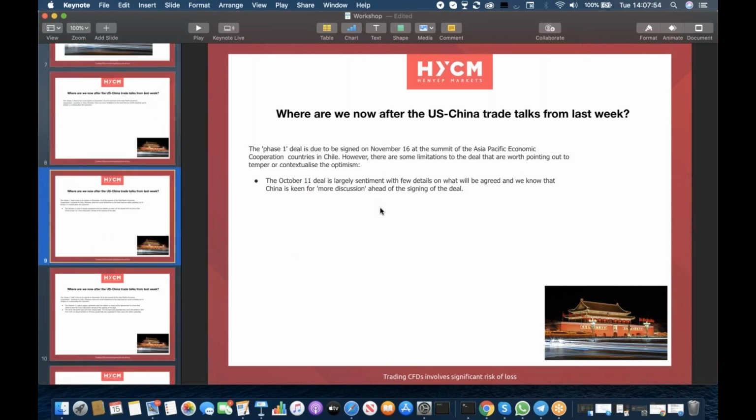And I was looking at shorting pound Australian dollar yesterday, and when this mood came out from China, they were wanting more discussion. That for me was just saying, oh, okay, they're not 100% happy with the way things are going with the phase 1 deal at the moment. They want some more discussions.